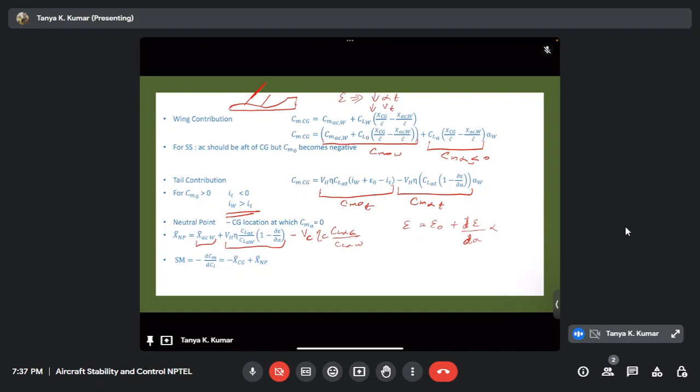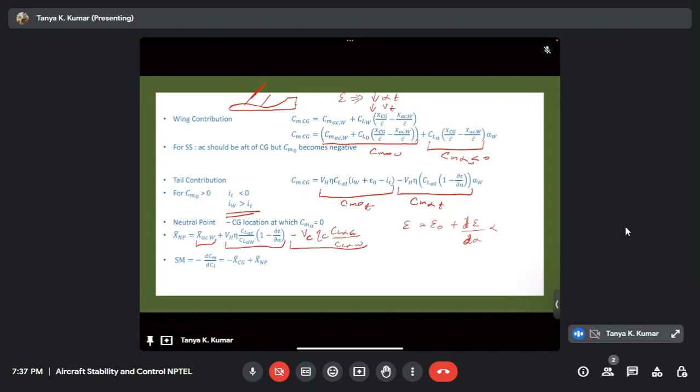So this is what downwash is, this is the effect it has. Okay, so that's why I said the canard will not be affected by downwash because it's not in the wake of the wing, it's ahead of the wing. So you'll have such terms added when new surfaces are added onto the aircraft.